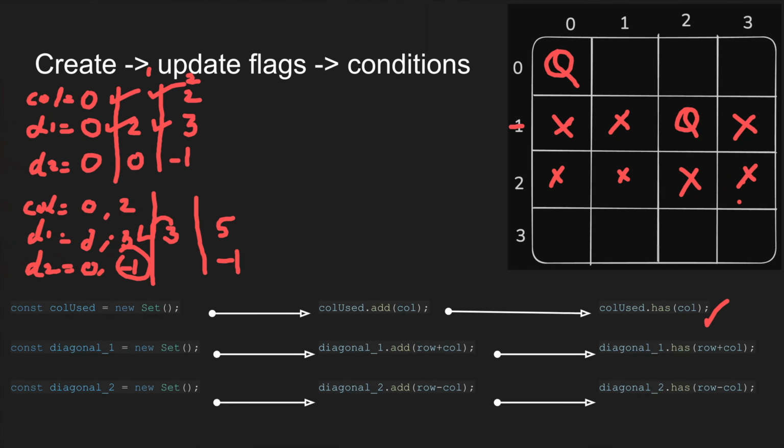Then what we need to do? We need to backtrack and remove this position, as this position does not validate the rules. So how do we do it?